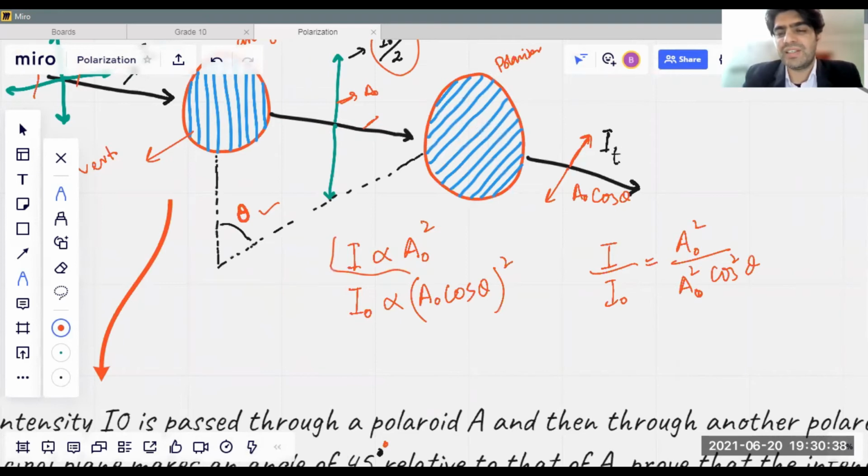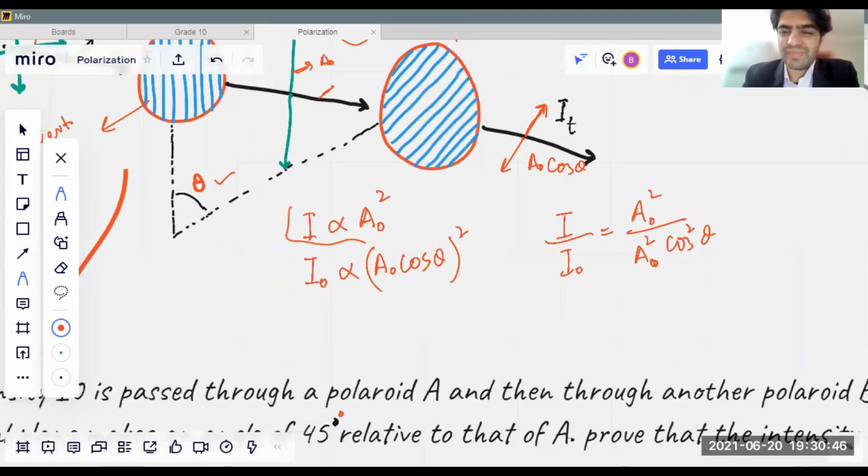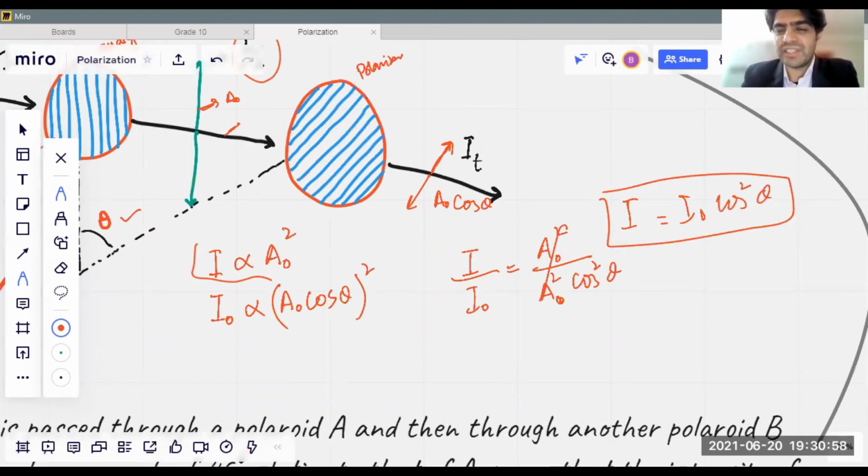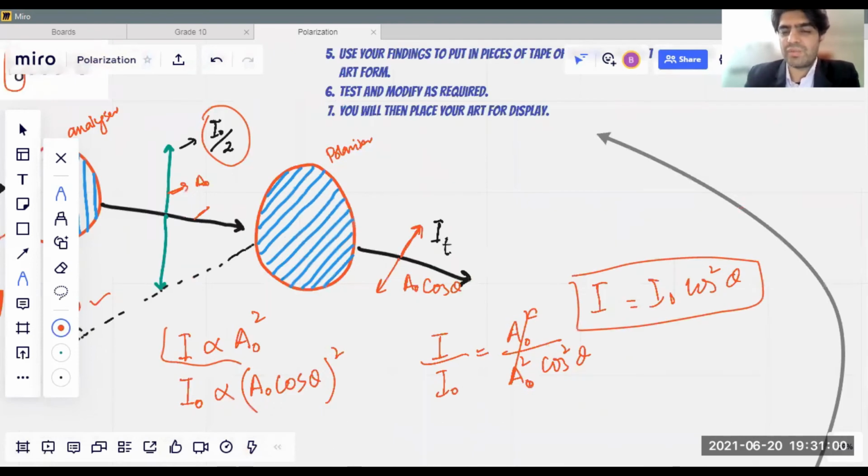So your equation here comes up to be I is equal to I naught cos square theta. This is the equation which we are getting for our Malus law.